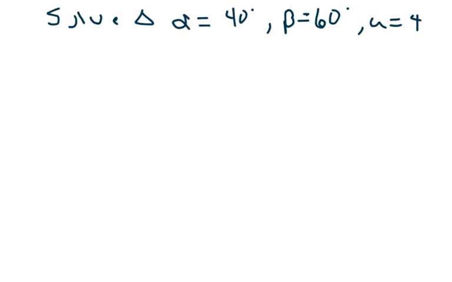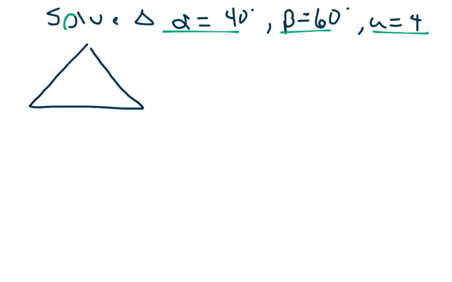Okay, the first example we're going to solve is side angle. So we have one side, two angles next to each other. And it's very important that you draw your triangle right. So I normally just draw a triangle like that.